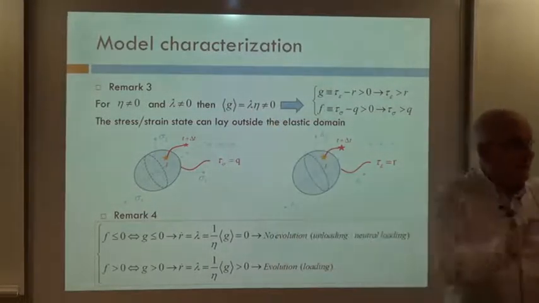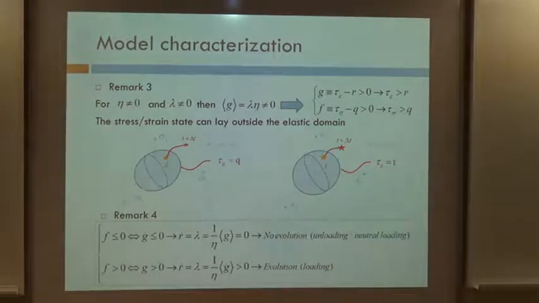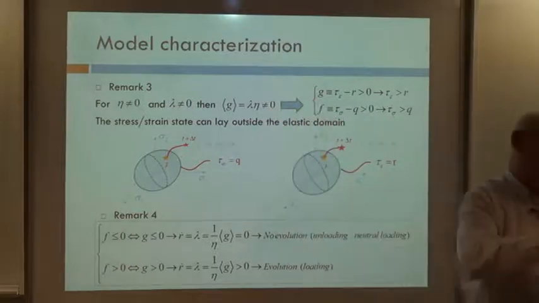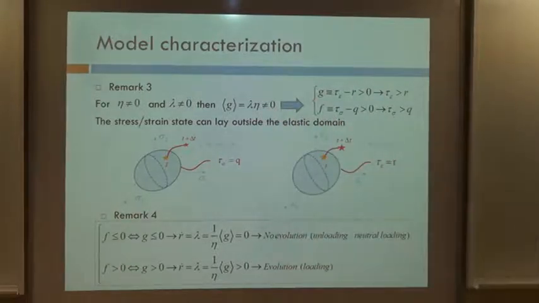The smaller eta is, the closer this point is to the yield surface. Because we know that in the limit, when eta tends to 0, the point cannot get out of the elastic domain. See, that's the physical interpretation of the mathematical regularization.